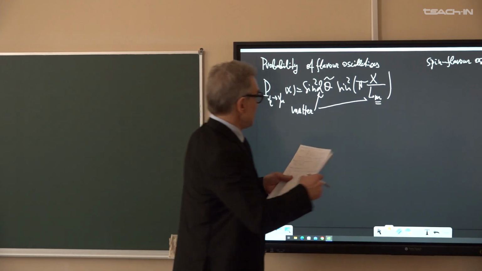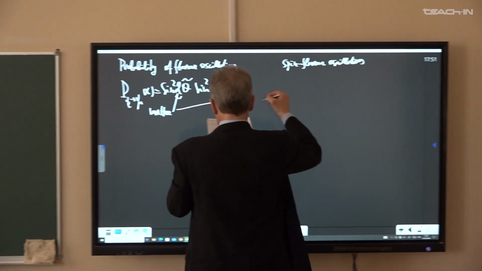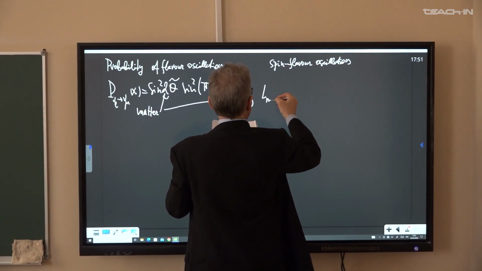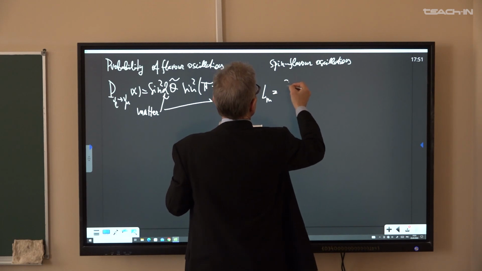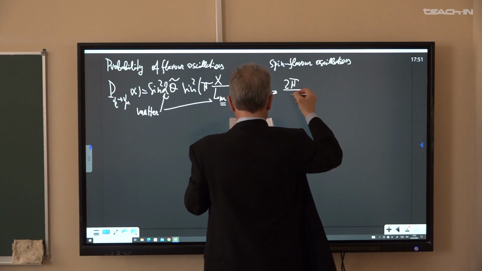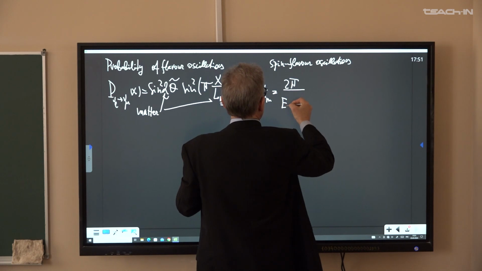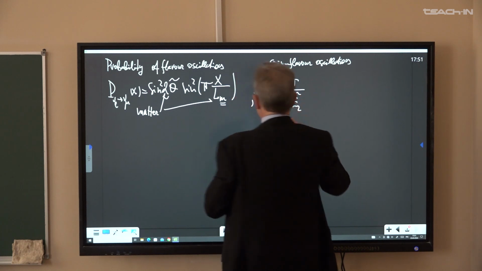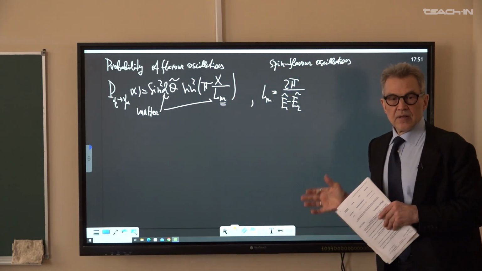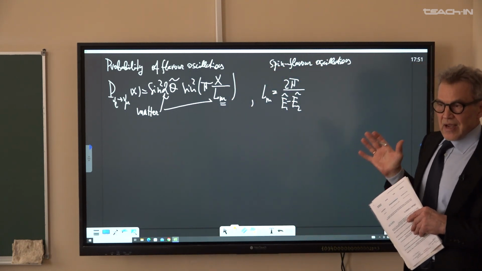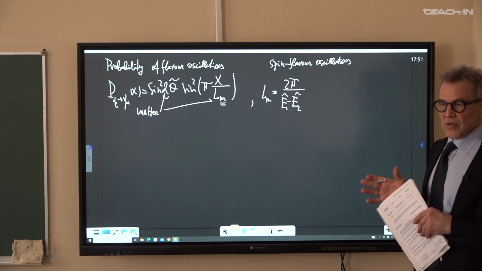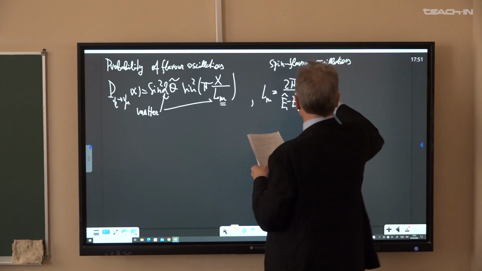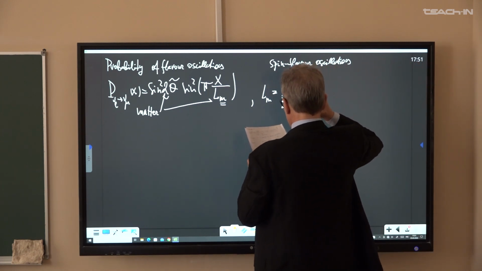And I will just write this expression. The oscillation length in matter equals 2 pi divided by the effective energy difference of the 1, 2 neutrinos. The tilde means that this is an effective energy accounting for the effect of scattering of neutrinos on particles of the environment, on matter.